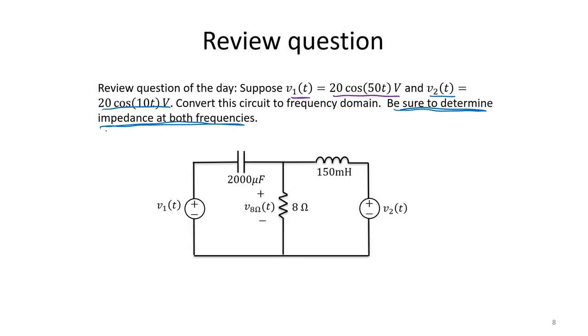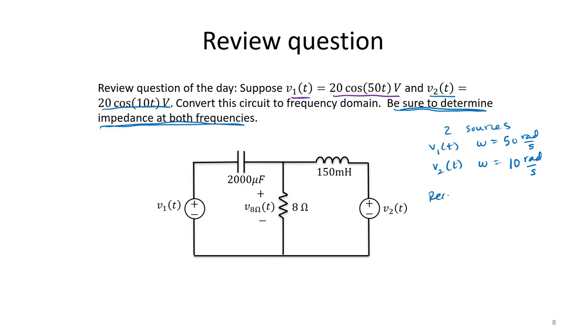So notice what's happening here. We have two sources, and in this case, V1 of t has omega equals 50 radians per second. And notice, V2 of t has omega equal to 10 radians per second.